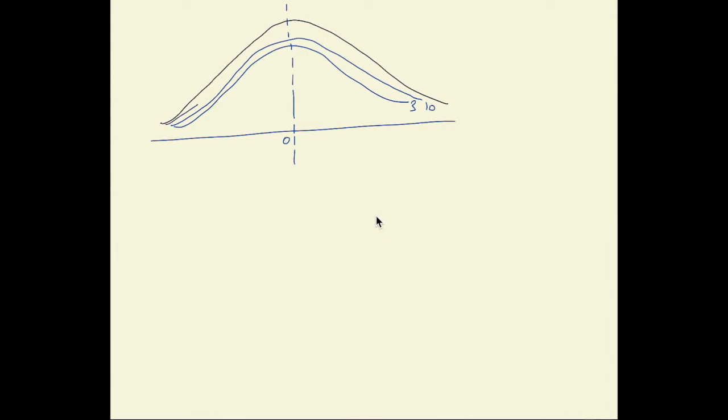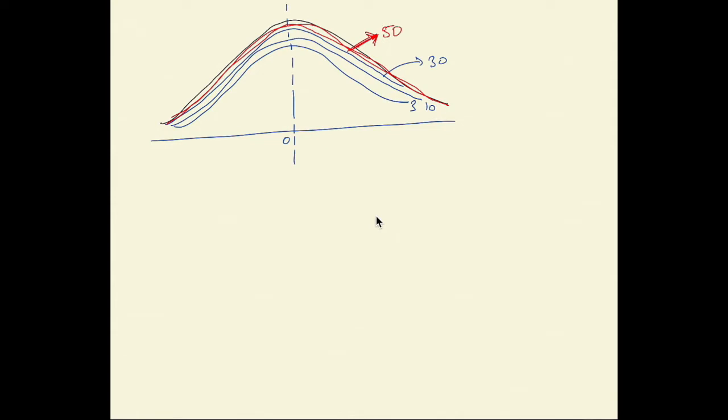Let's say degrees of freedom is 30. Finally, for very large degrees of freedom, it would be almost a normal distribution. So it reaches the normal distribution as we increase the degrees of freedom. Let's say this is for 50 degrees of freedom.